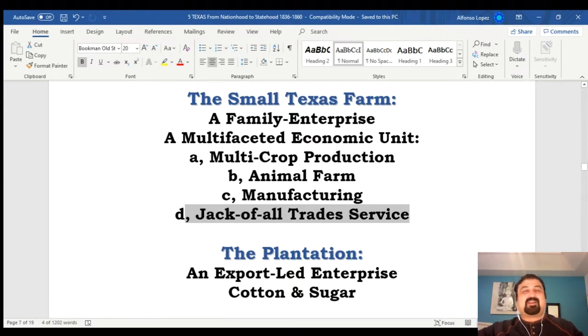Again, we call a jack of all trades. Okay, so whenever somebody needed, for example, somebody to fix an ox cart, okay, or needed somebody to fix a roof, and the like.